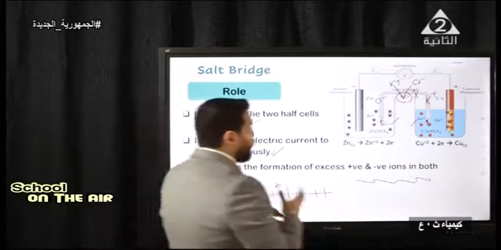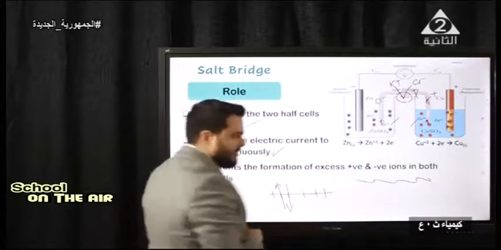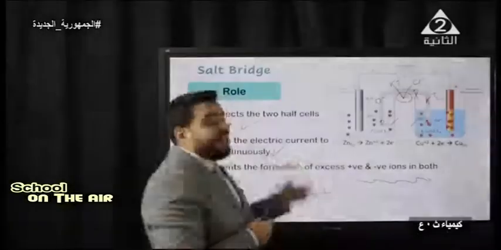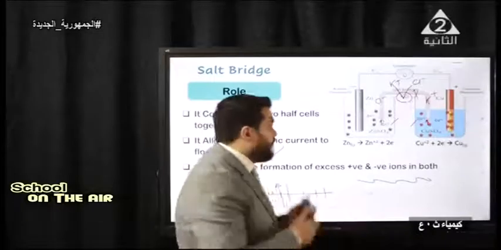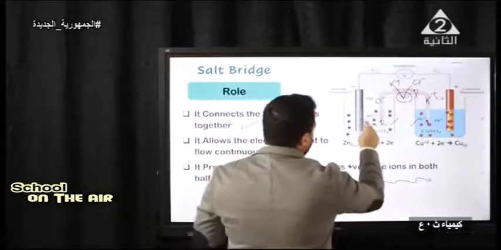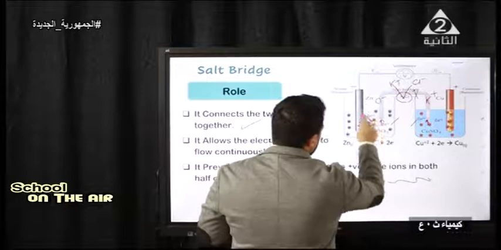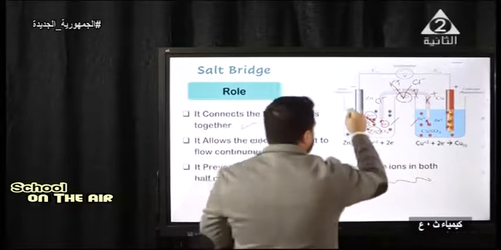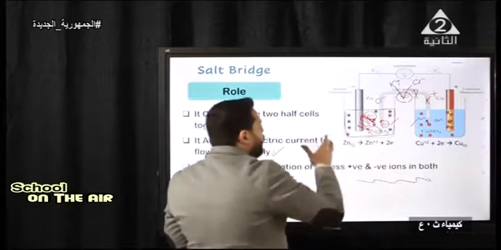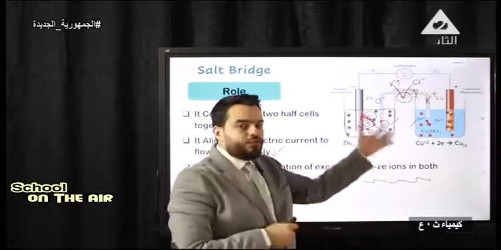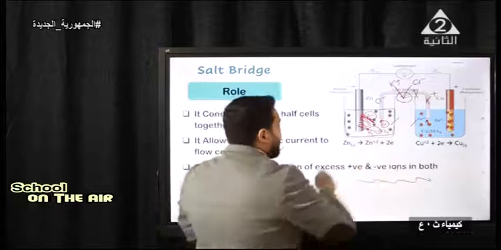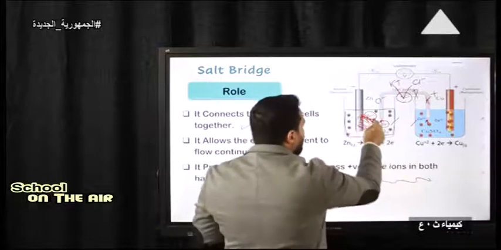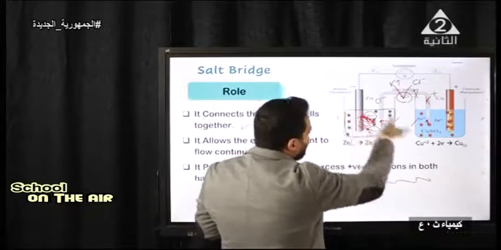And what is the role of the strong electrolyte here? Let us imagine you lose all electrons and dissolve all the zinc positive 2. That place will be full of zinc positive 2 ions and there will be no room for any other zinc to dissolve.